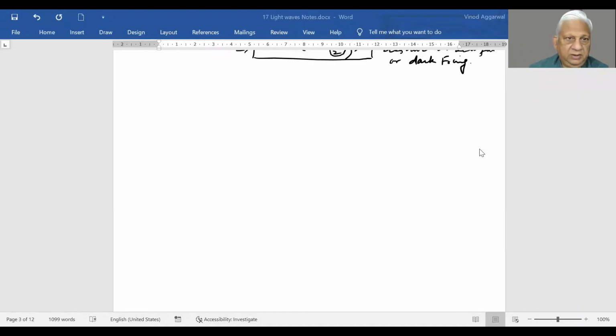Now let us calculate the intensity of the resultant wave. We know the amplitudes are related like this. This is the amplitude of the final resultant wave. E01 was one of the original waves, E02 was the second original wave.